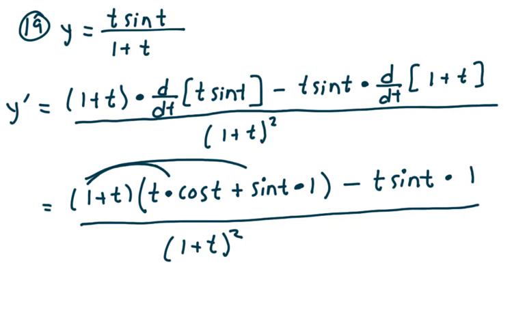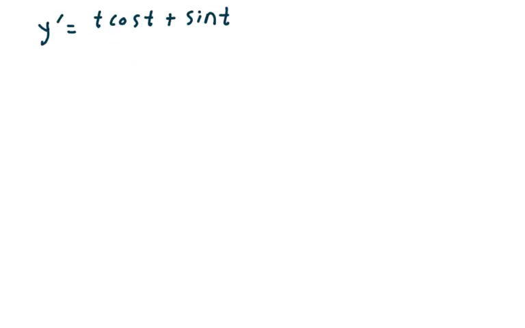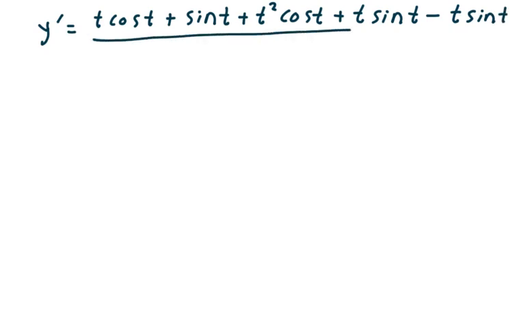And then I'm going to add t squared cosine t, plus t sine t. And then don't forget, I have to subtract t sine t in the end. And then I'm dividing by 1 plus t to the second. But the t sine t's cancel.